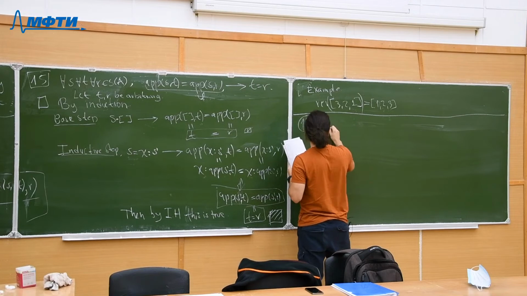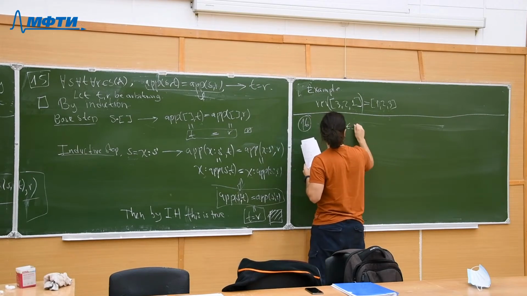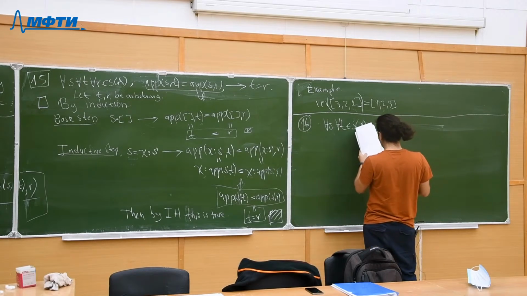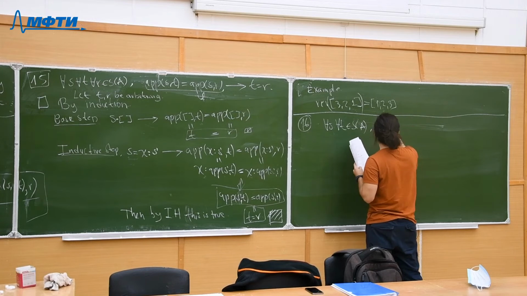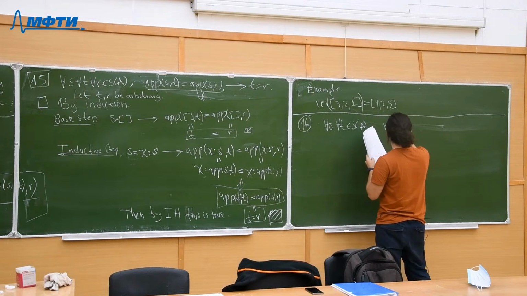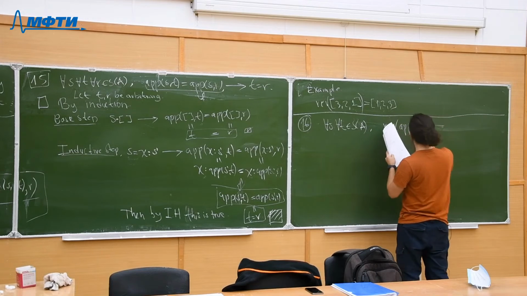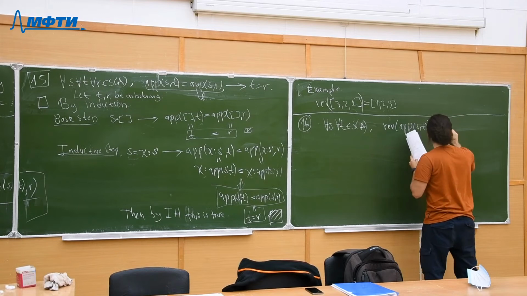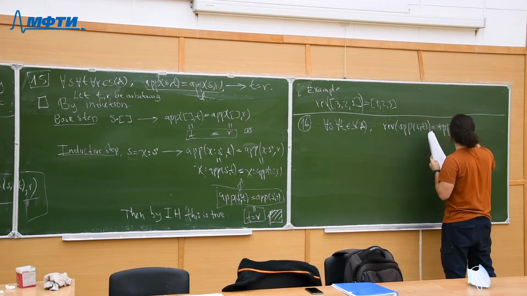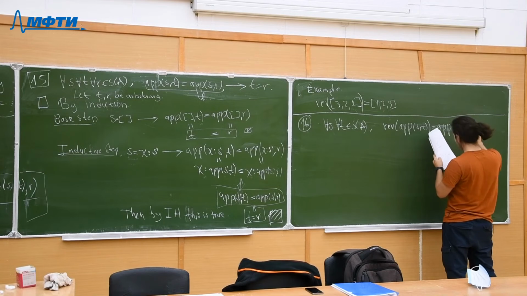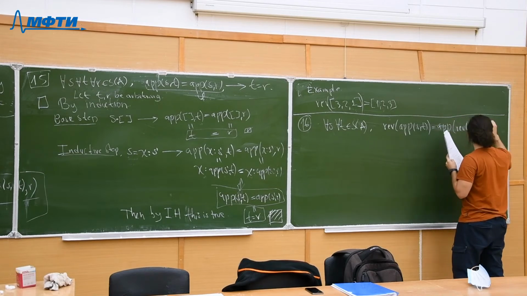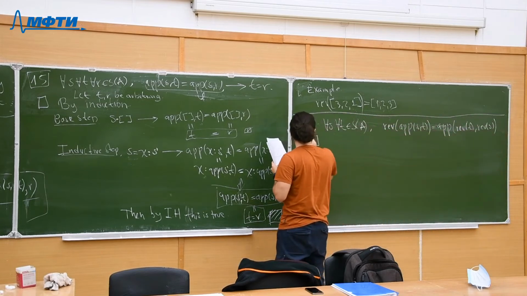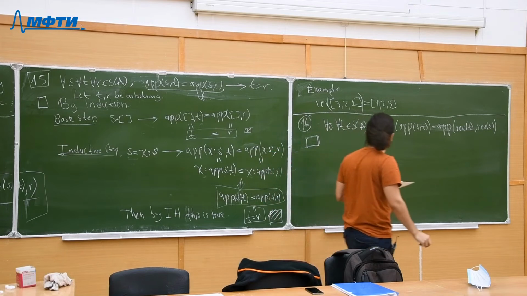For all S and for all T strings, the following holds: the reverse function of the app of S and T is equal to the app of the reverse function of T and the reverse function of S. So we need to prove this.